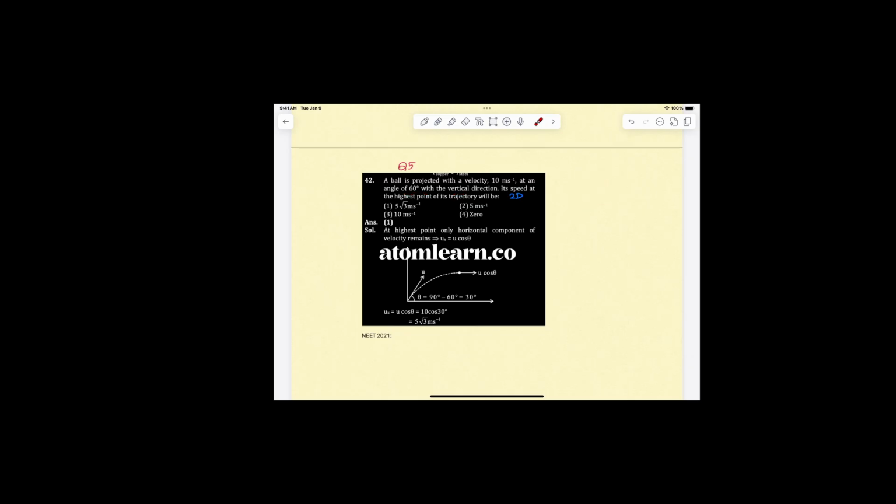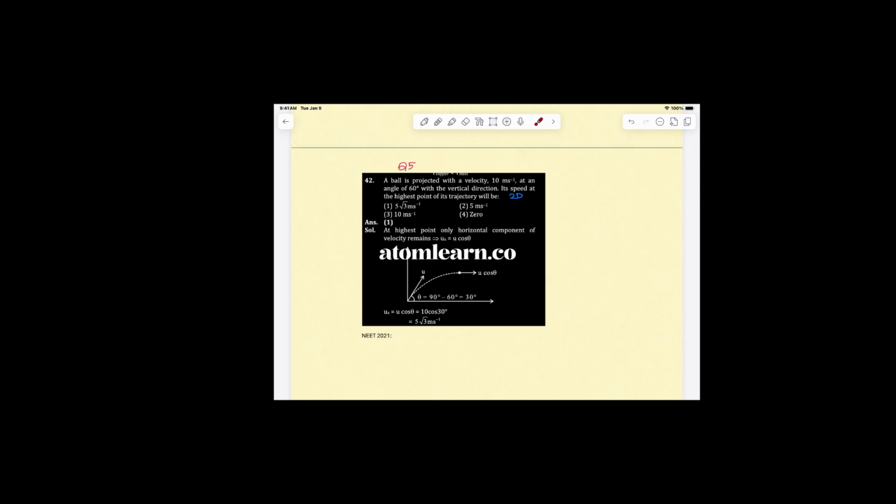Be careful, read it fully and correctly and don't make this kind of silly mistake. The theta they have given is not our theta from the formula. They have given this angle as 60 with the vertical direction, so we should put theta equal to 30 degrees in our formula. You should not miss out any kind of twist like this.